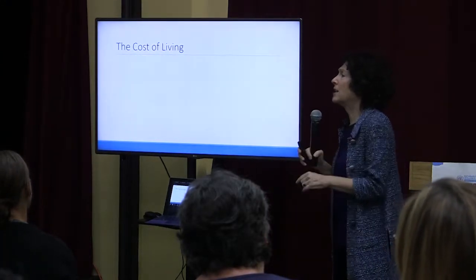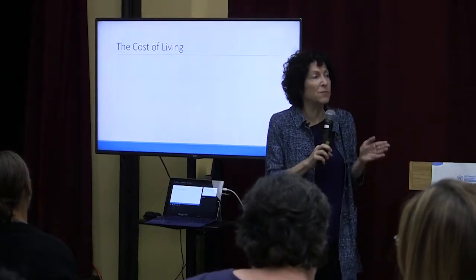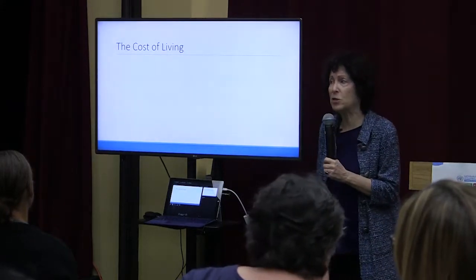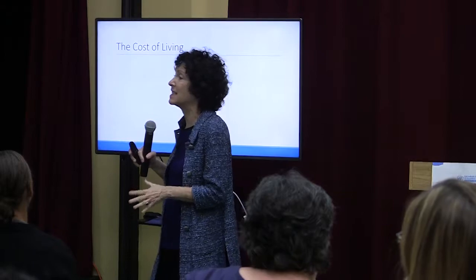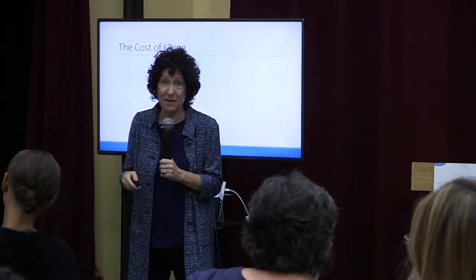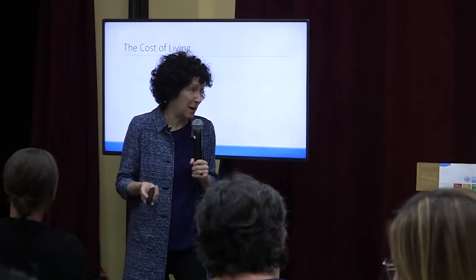So the factor that the Department of Agriculture doesn't put in is the cost of living. All right? So if you don't factor in the cost of living, California is not the highest in poverty. But this is California. So if you don't include the cost of living, I don't know what we're talking about.